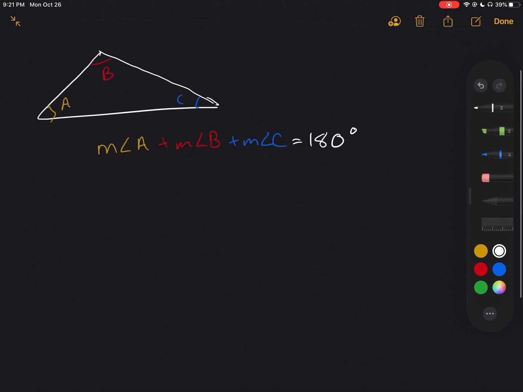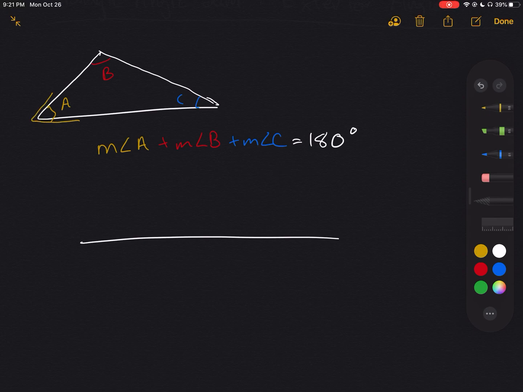That essentially means that if I had this straight line here, and let's see if I can do this. Yeah, I'm not going to be able to do that. I thought I could. Sorry.